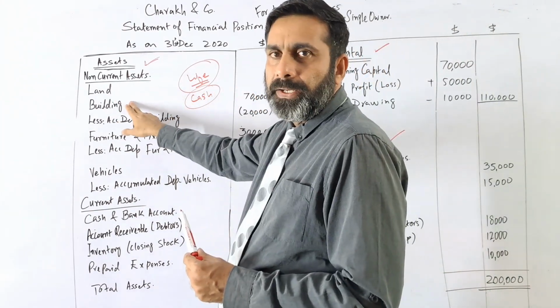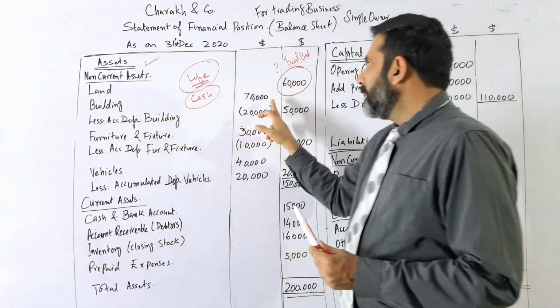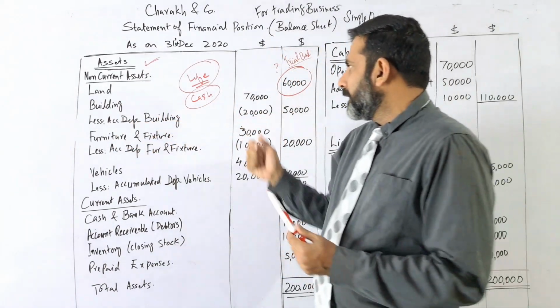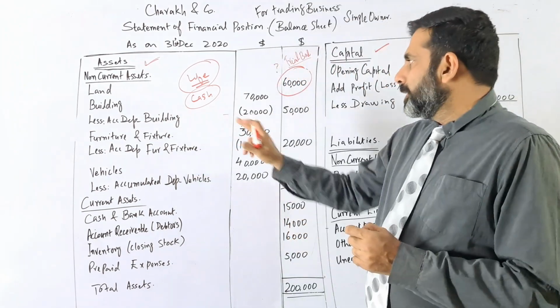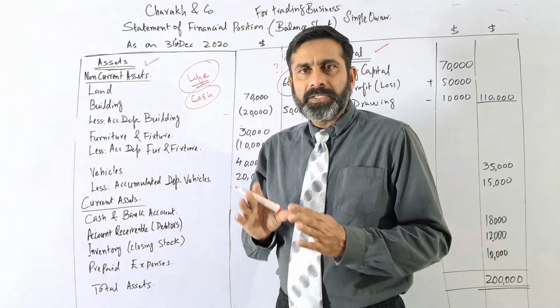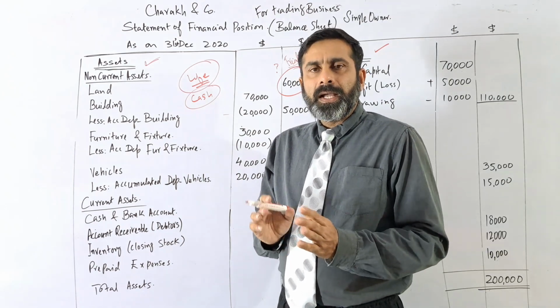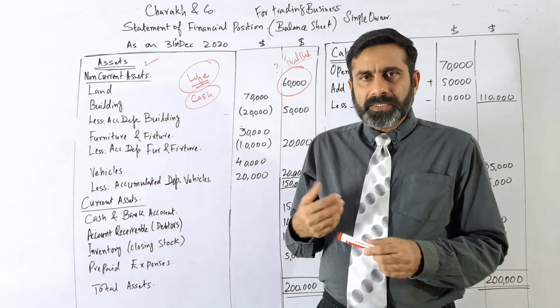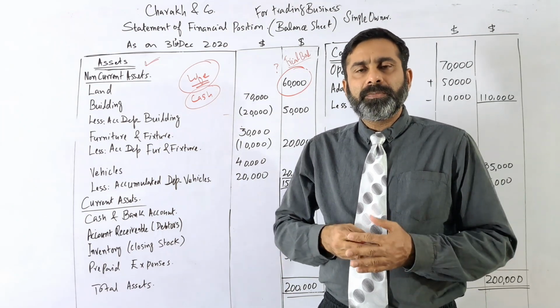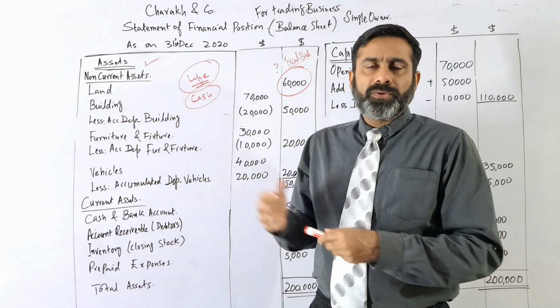The building. Now the value of the building is 70,000, but here there is a small difference, a small change. That is the accumulated depreciation. In the previous lectures, we discussed in detail what depreciation is and what accumulated depreciation is, so you can refer back to those lectures.